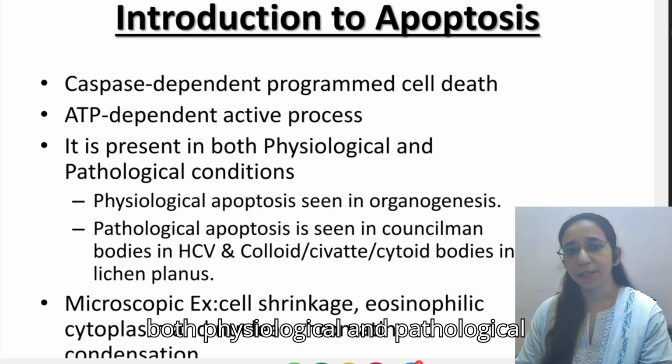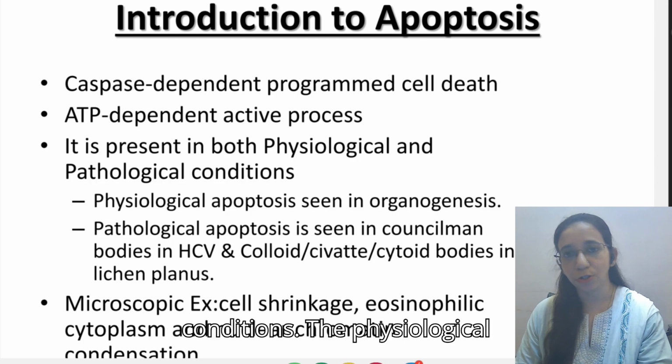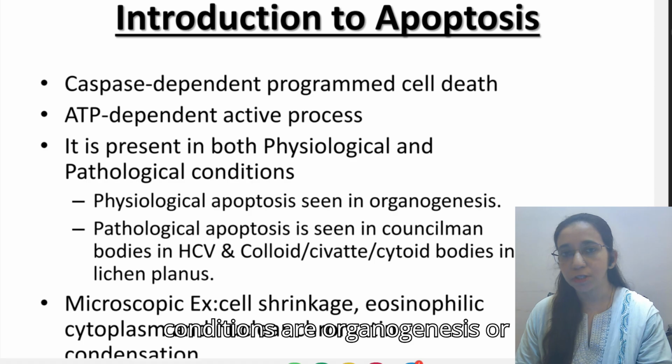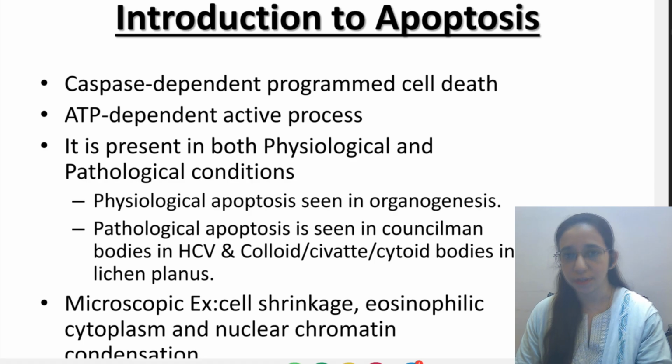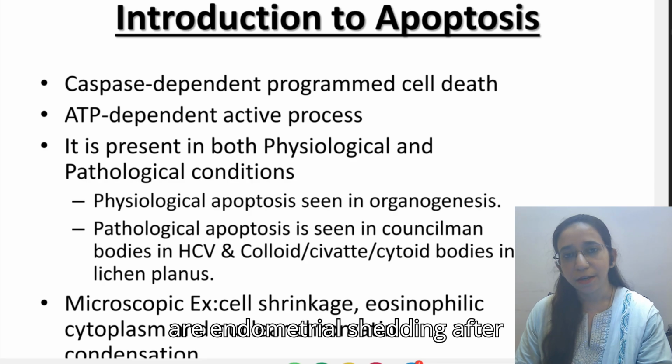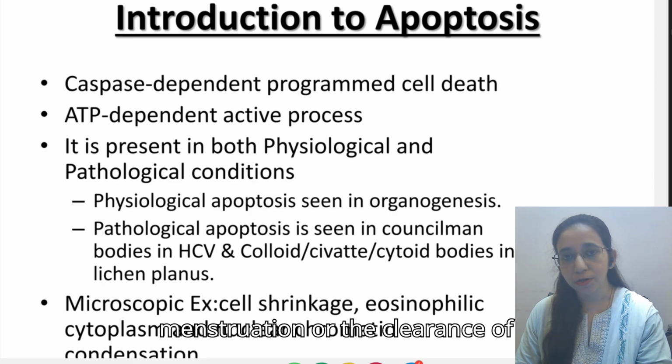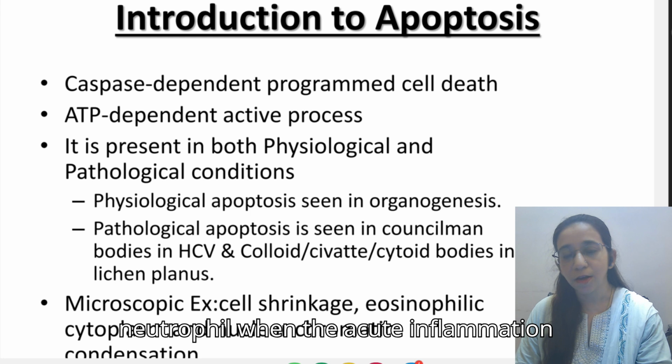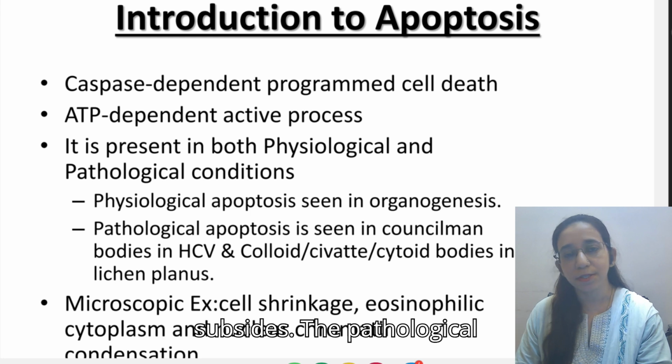It is present in both physiological and pathological conditions. The physiological conditions are organogenesis or embryogenesis. Other examples of physiological apoptosis are endometrial shedding after menstruation or the clearance of neutrophils when the acute inflammation subsides.